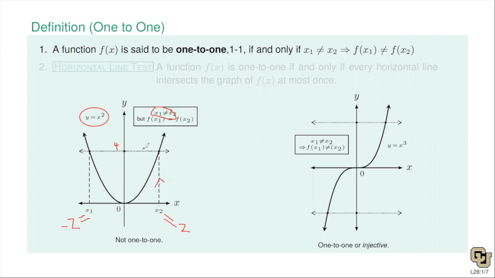When I plug in 2 into the function, it gets sent up to 4. When I plug in -2 into the function, it also gets sent to 4. So here, this function is not one-to-one. For inputs that are different, that doesn't guarantee the outputs will be different.